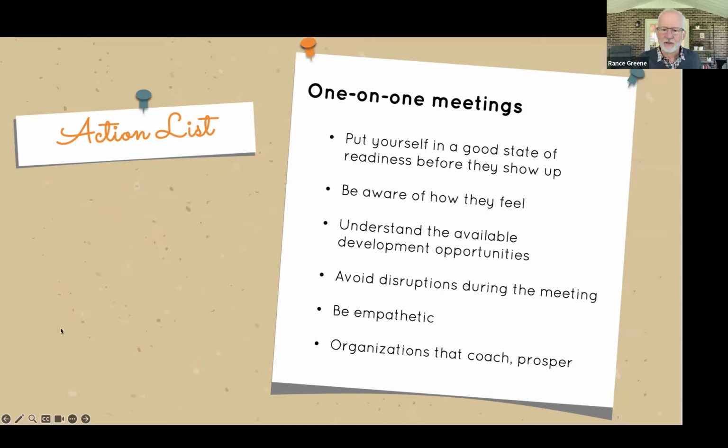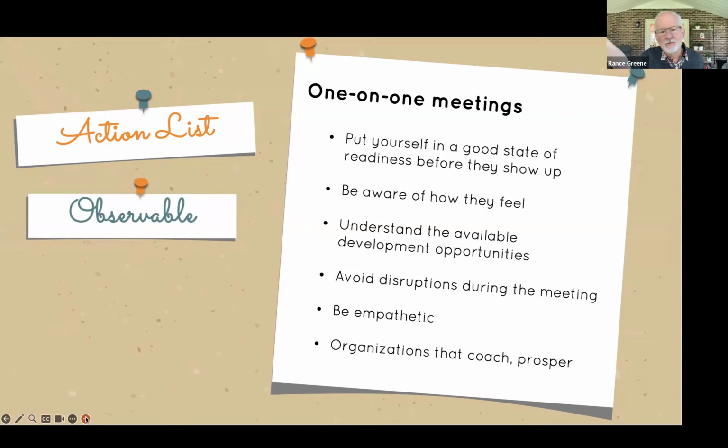The way I would say that is, what we're looking for are observable actions. You can't really do any of these things, so a lot of times subject matter experts will say, be aware, understand. A good follow-up question is, okay, if an employee is aware of this, what do they do when they're aware of that?